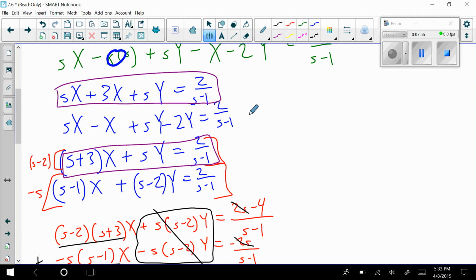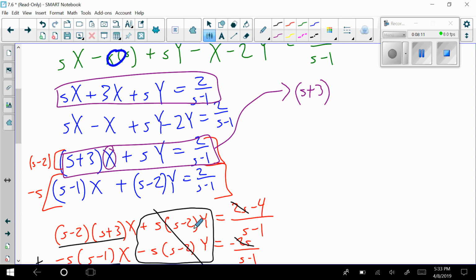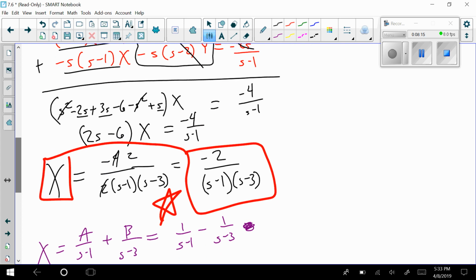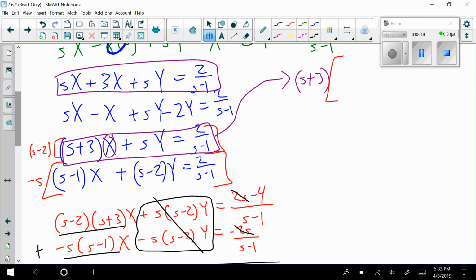So maybe I'll take this equation, right? I'm going to take it over here, so I have an s plus 3 times something, right? Well, what's the x? This x right here, what is it? Well, we found it before, right? If I change colors, try to make this very clear, it was down here. And actually, let me back up for a quick second. I know this can sometimes be frustrating.